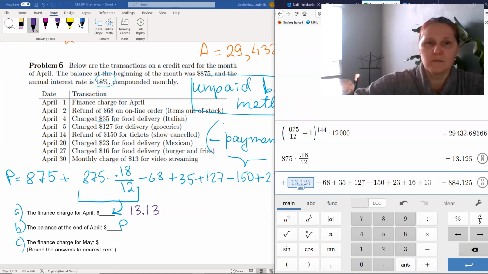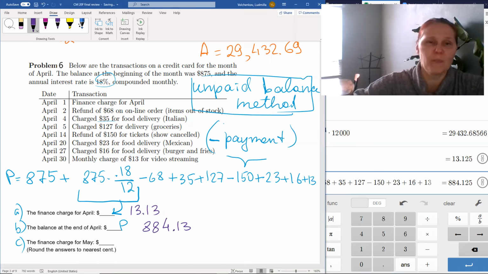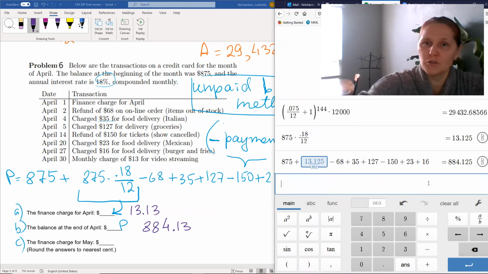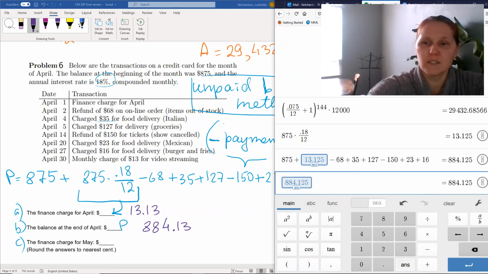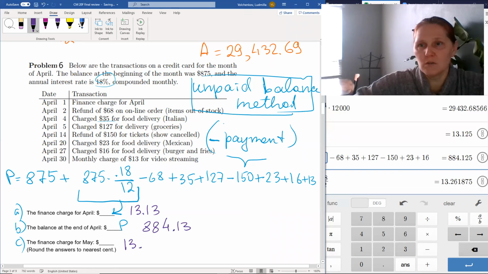The balance at the end of the month is 884.13. We round to the nearest cent. We find the finance charge for the next month, and it will be the answer from the previous step multiplied by 0.18 annual interest rate divided by 12. So for the next month, it will be $13.26.